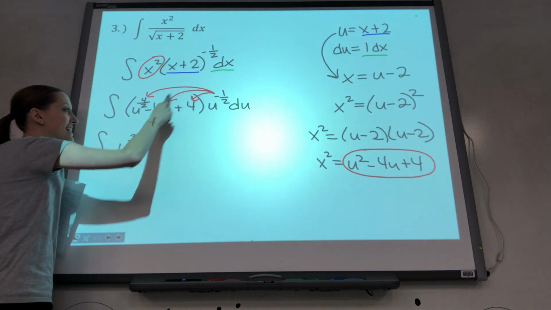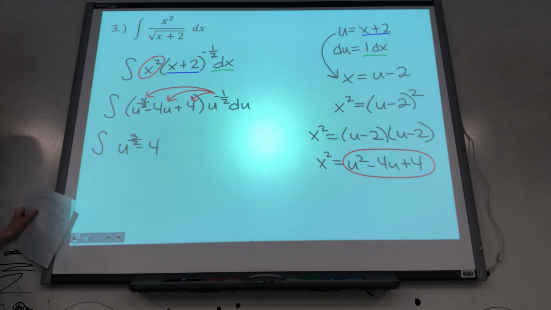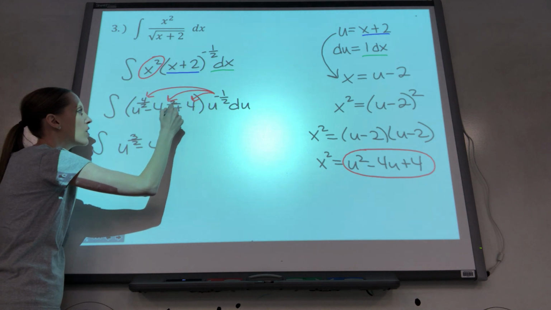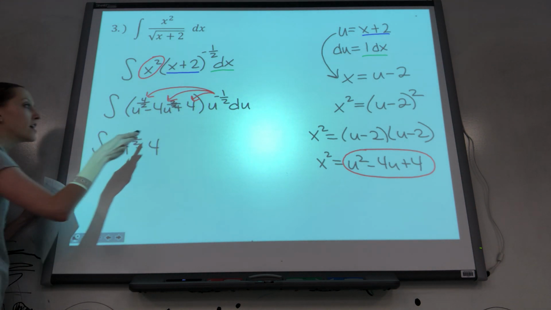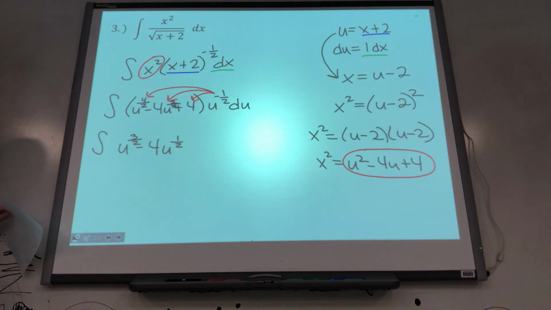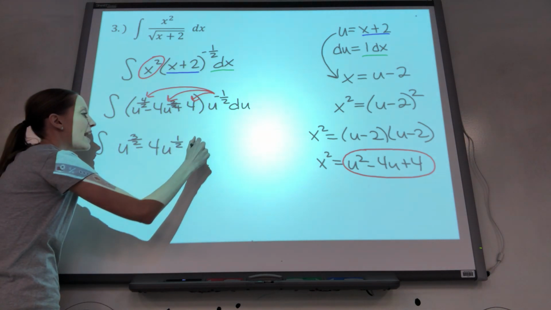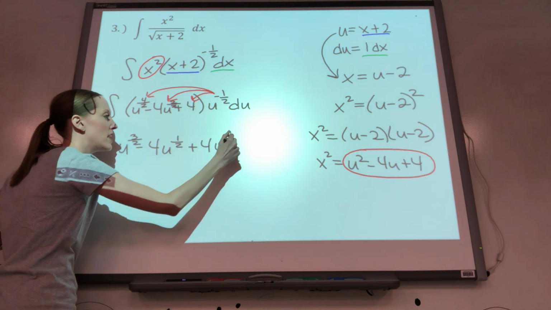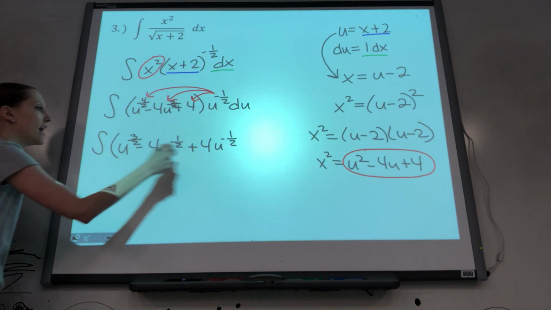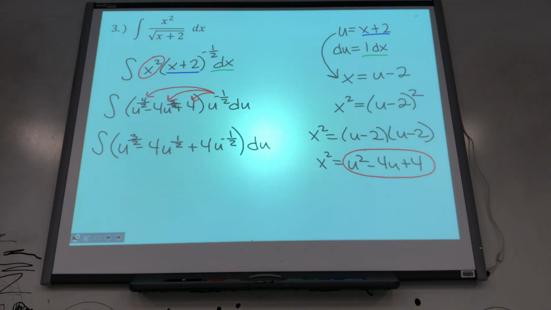All right, take it times the second part. The negative 4 can stay in the front. And this is technically u to the first, or we could do 2/2 there. So 2/2 minus 1/2 is just 1/2. And this part's the easiest one. Take a 4 times u to the negative 1/2, and it's just 4u to the negative 1/2.